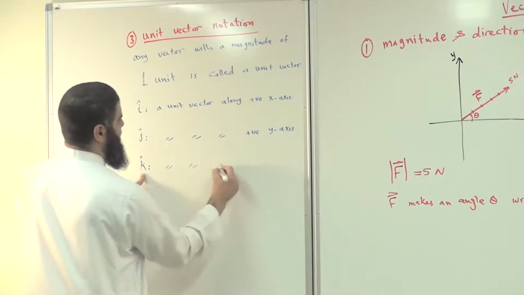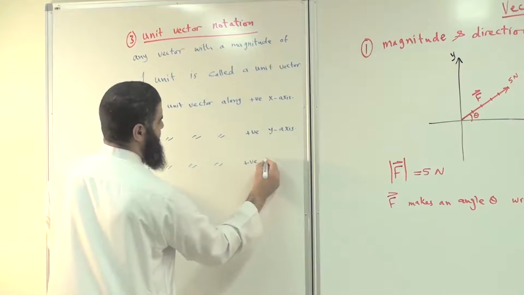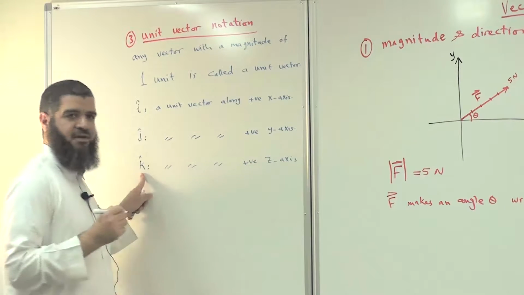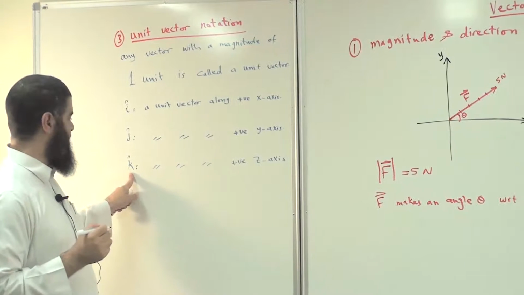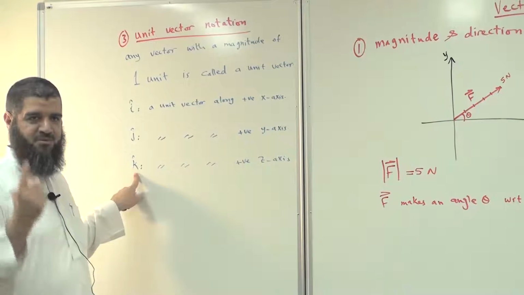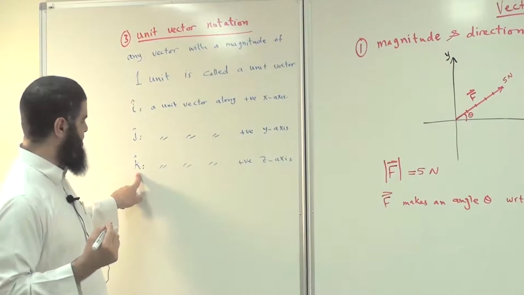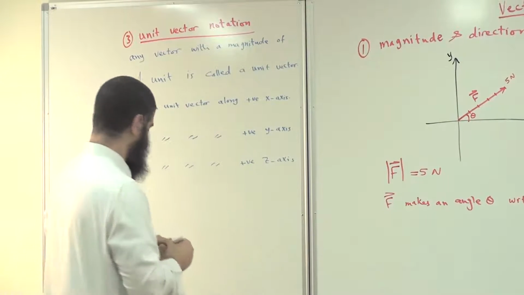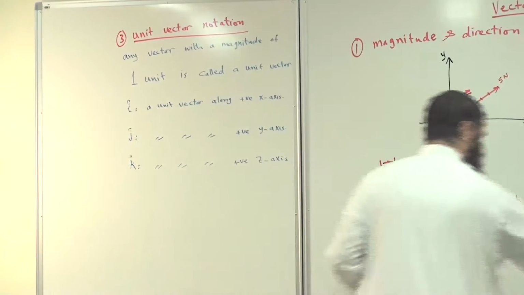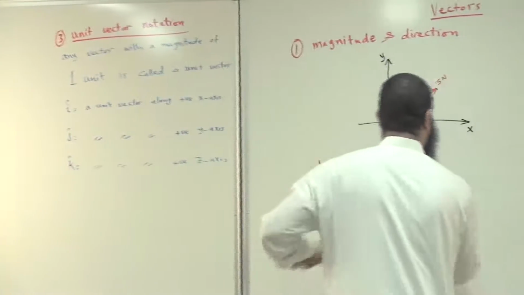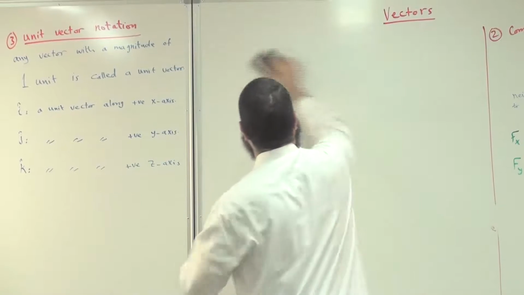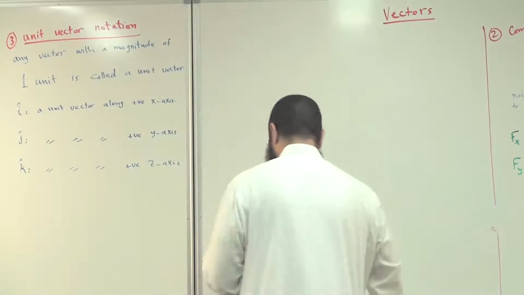It is a unit vector along the positive z-axis. So when you see k unit vector anywhere, it is a vector with magnitude of 1 in the direction of the positive z-axis. Let me draw this for you and see how we can utilize this to represent our vectors in an easy manner.